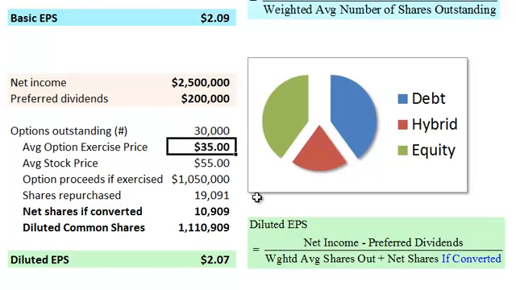So we've got option exercise price on average, and then we've got the market stock price at $55. So on average, most of these options held by employees are above water, not underwater. And then diluted EPS performs the exercise that asks the question, well, what if the worst case dilution scenario was realized and all of these options were immediately exercised?